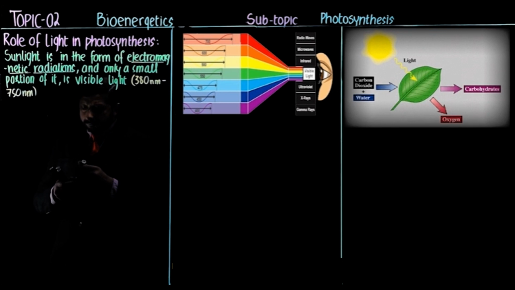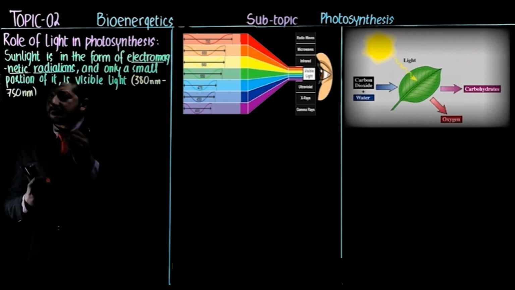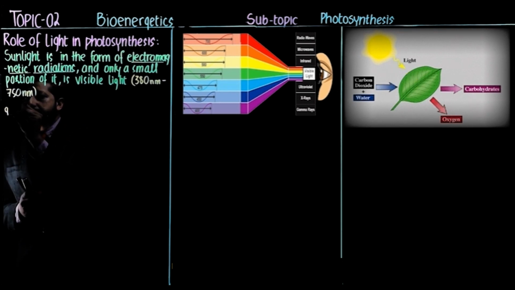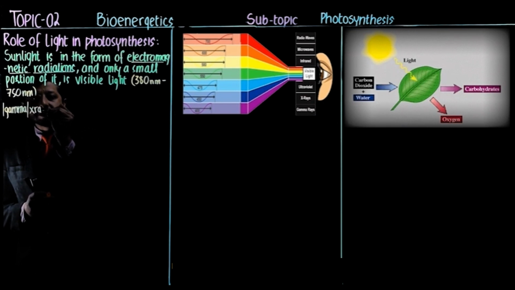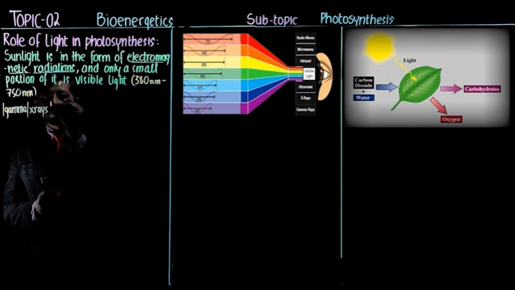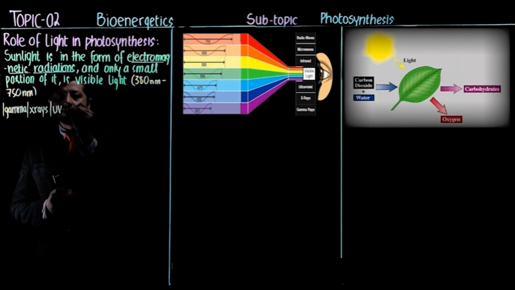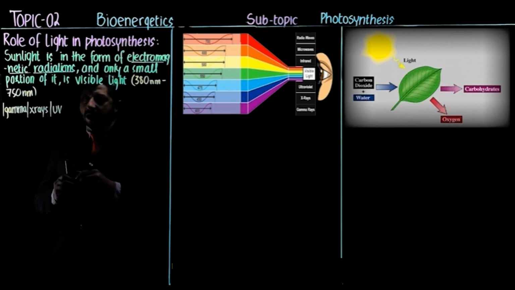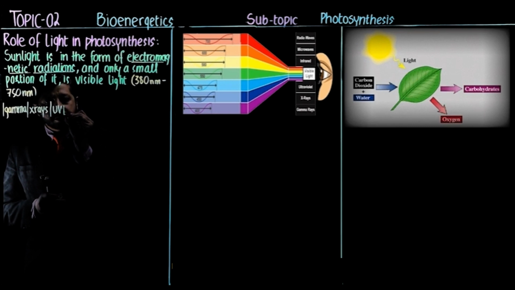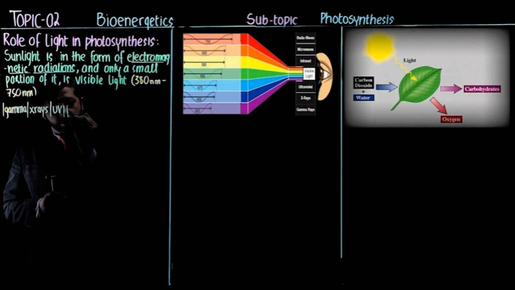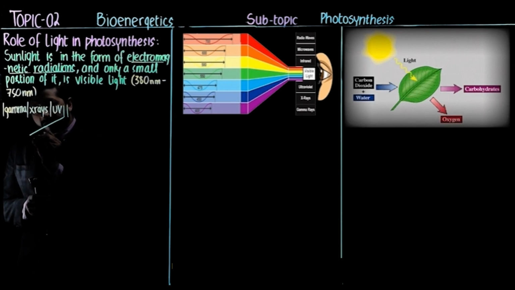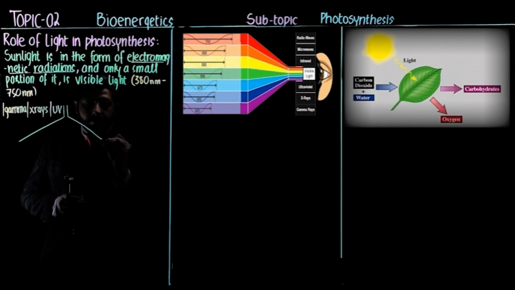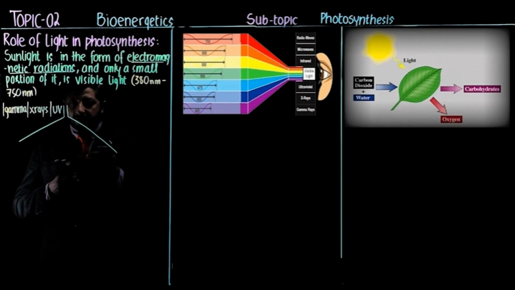Okay, so there is a sequence: gamma radiations, then there are X-rays, then there are UV rays, and here is a small portion which we call the visible light.